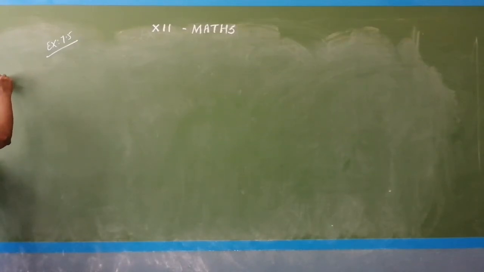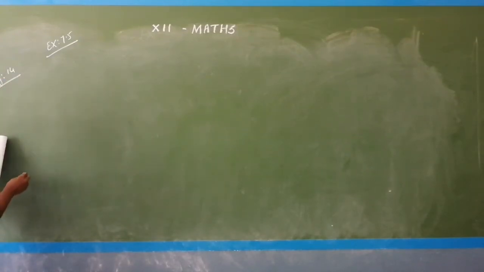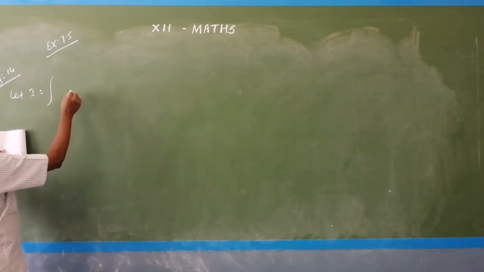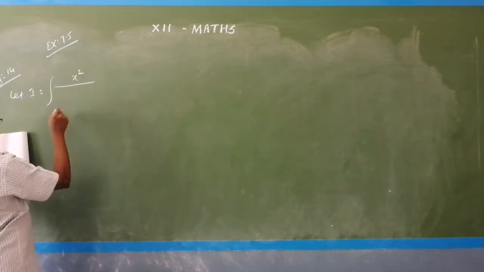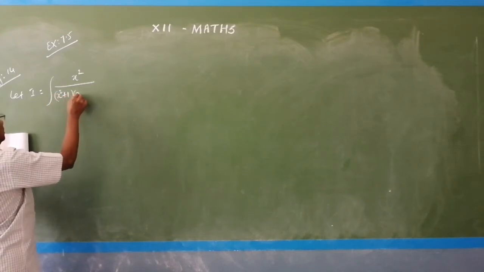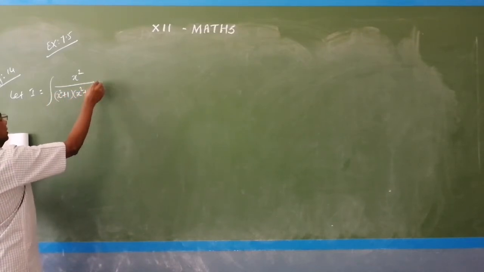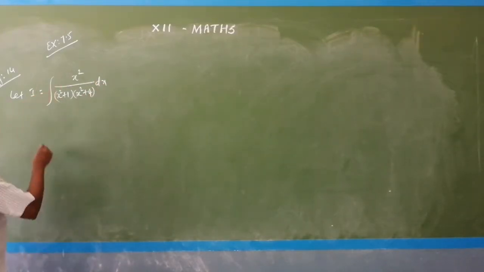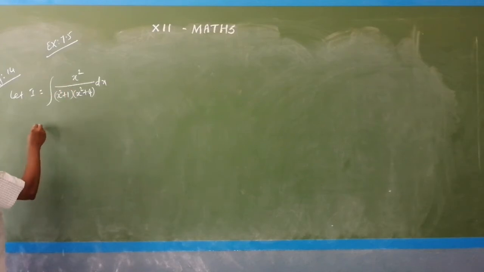Example 14. Find the integral. Let I equal to integral x square divided by x square plus 1 into x square plus 4 into dx. Consider this fraction. Take x square equal to t.